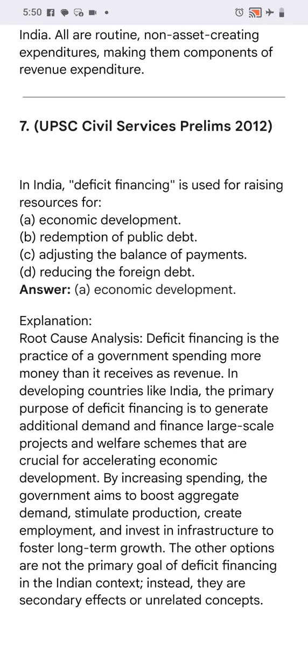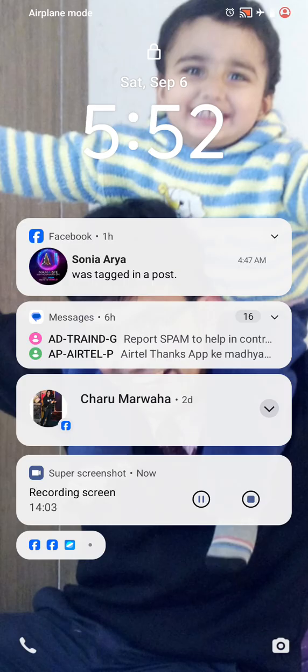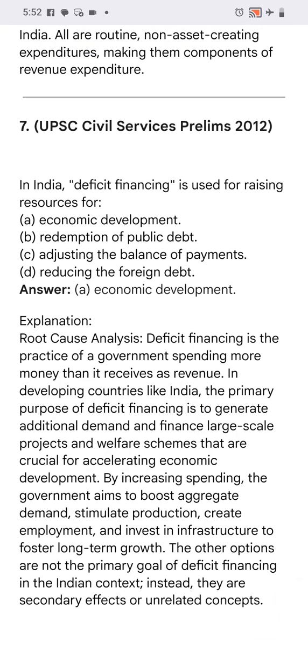In India, deficit financing is used for raising resources for economic development.